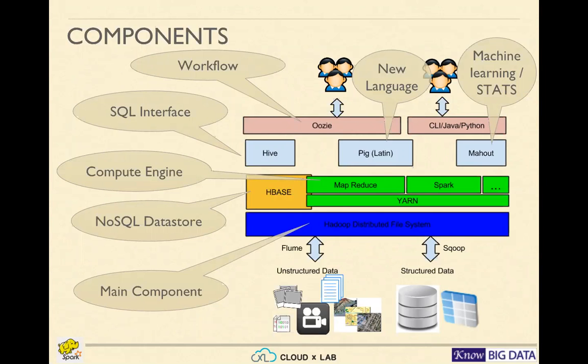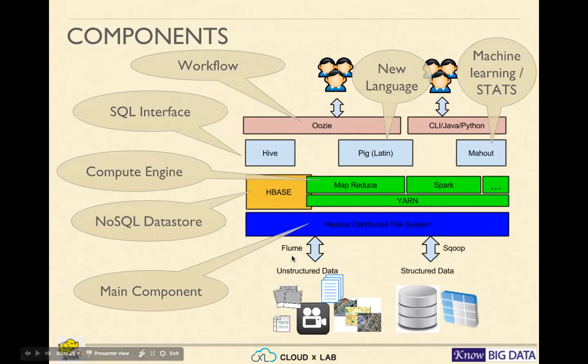Okay, then once you have a project and you have coded in many of these components, you're going to stitch it together in Oozie. All right. And as an end user, you can talk via CLI, Java, Python, and so on. Also, if you have existing data, you would like to transfer it using either Flume or Sqoop.